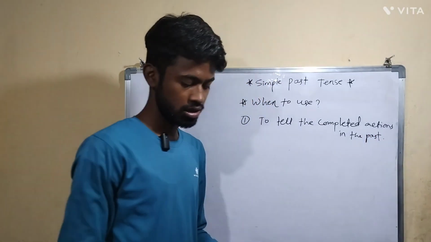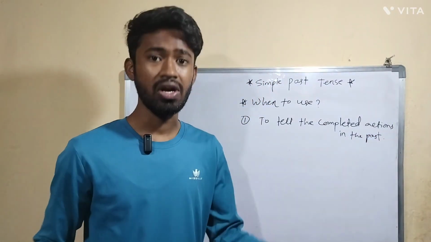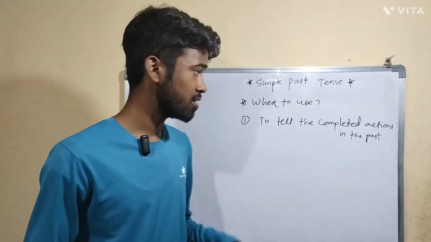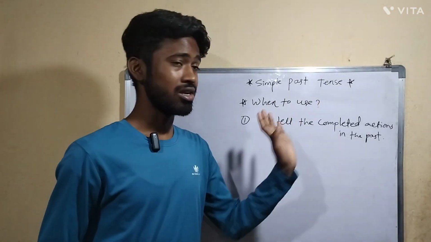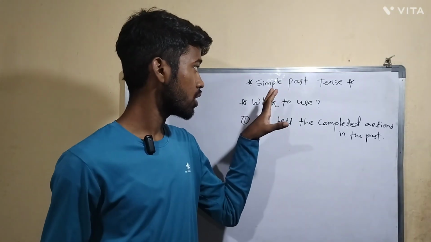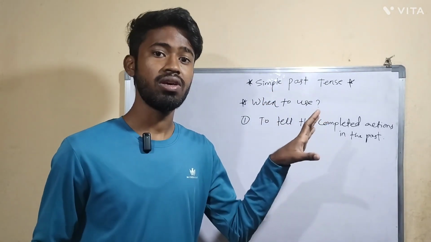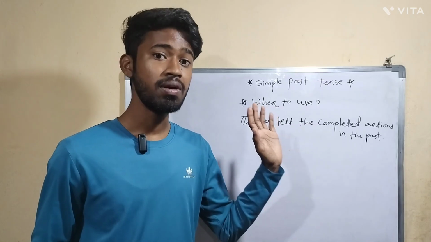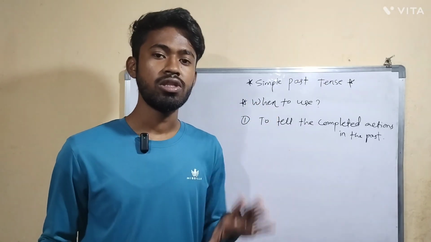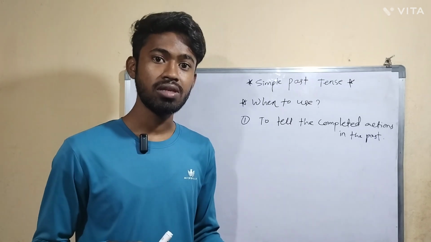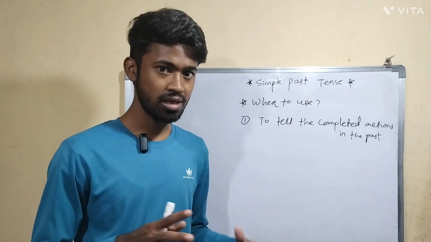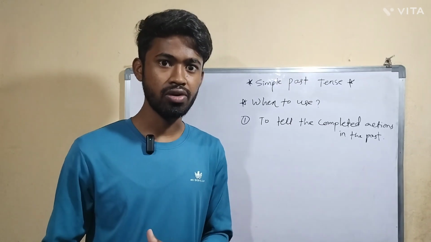Whatever actions are already completed in the past, meaning in previous time, to tell those actions we use simple past tense. Whenever we are talking about a completed action, we need to specify time. In the majority of cases, we will mention the time. If we are not mentioning time, we can use present perfect tense. We already discussed that in the previous videos.